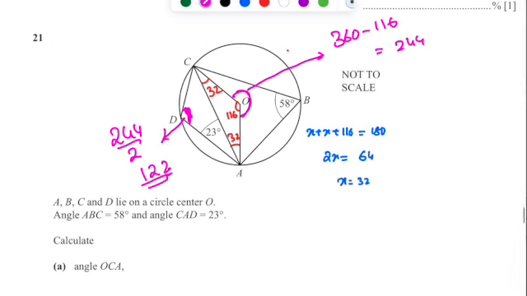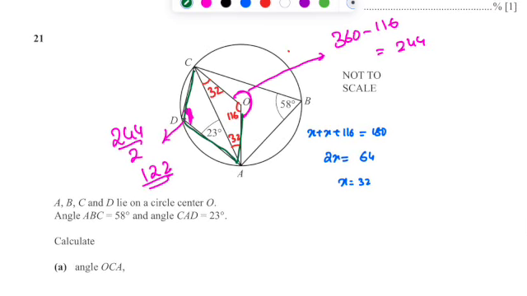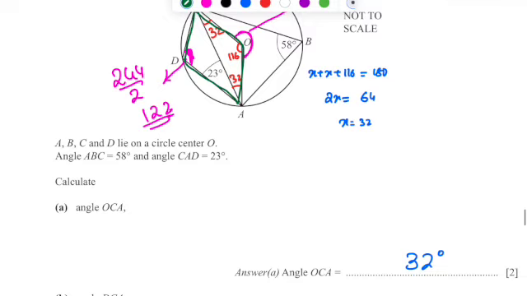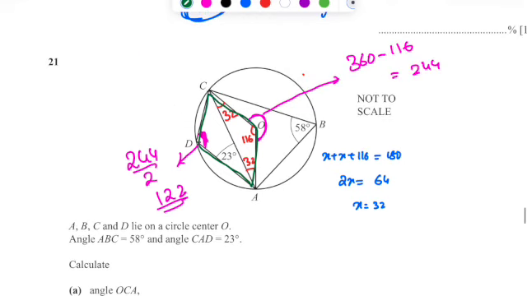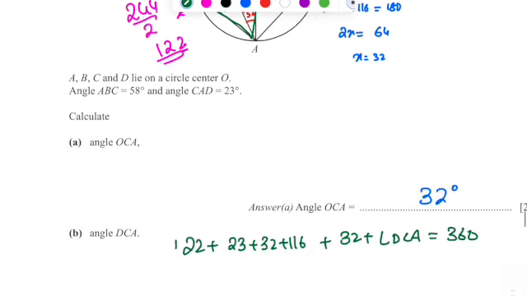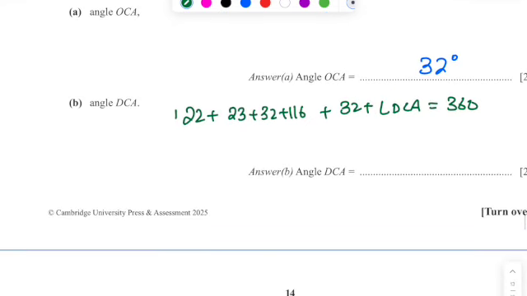Now we can see that this is a quadrilateral. Sum of all angles is 360 degrees. So 122 plus 23 plus 32 plus 116 plus 32 plus angle DCA should equal 360 degrees. So I have to find the value of DCA.